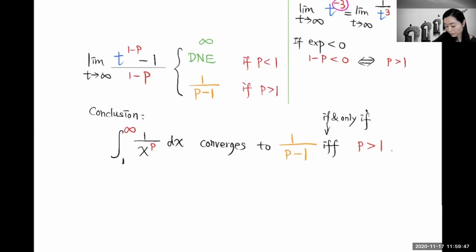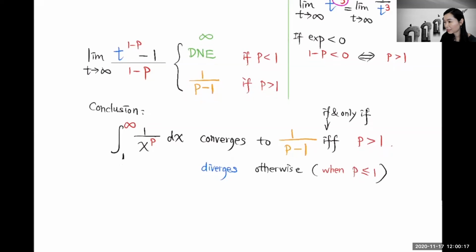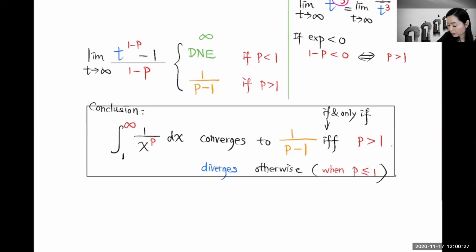And it's going to diverge otherwise. What do you mean otherwise? Which means when p is less than or equal to 1, including 1. Remember when we integrate 1 over x, the exponent is 1, right? So you need to remember this conclusion, and that's the one that we're going to use again.